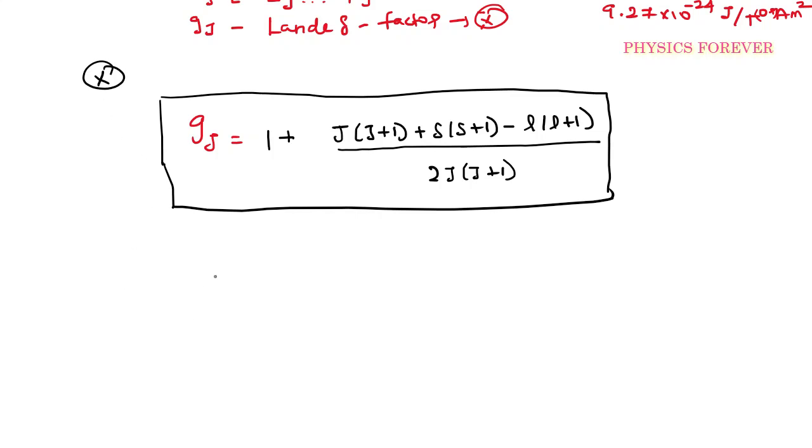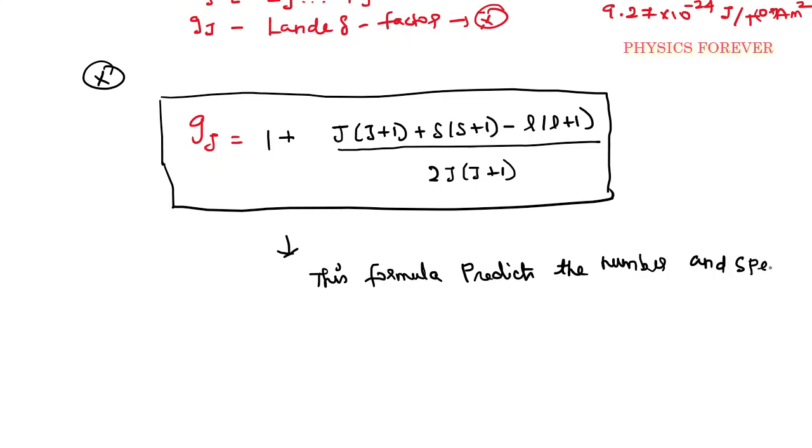This formula predicts the number and spacing of spectral lines. These are all the important points we have to remember in the anomalous Zeeman effect.